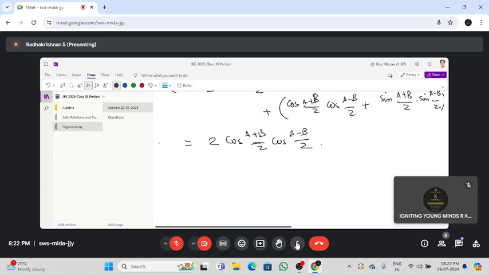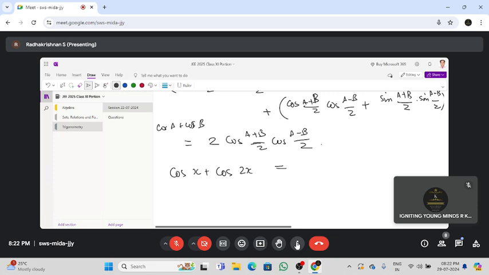Do it for both and let's see. Substitute here: A is x and B is 2x. Cos A plus cos B equals 2 cos A plus B by 2 into cos A minus B by 2.